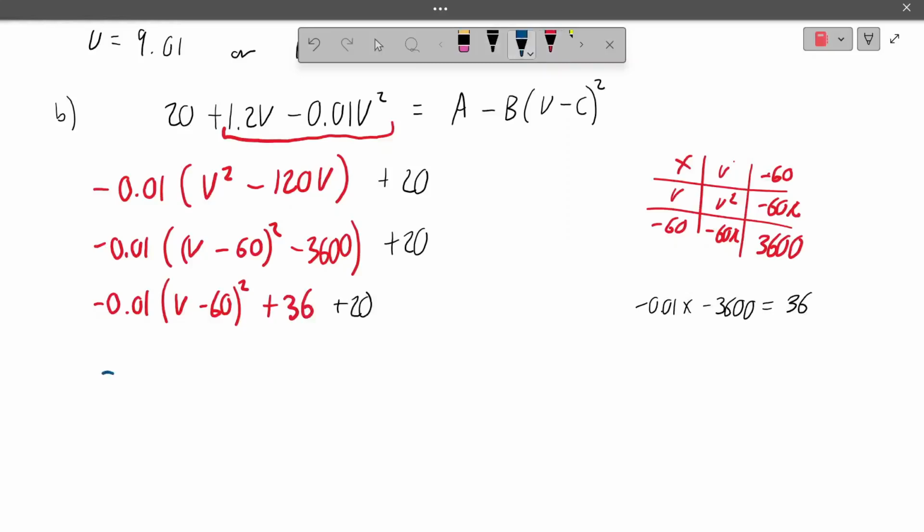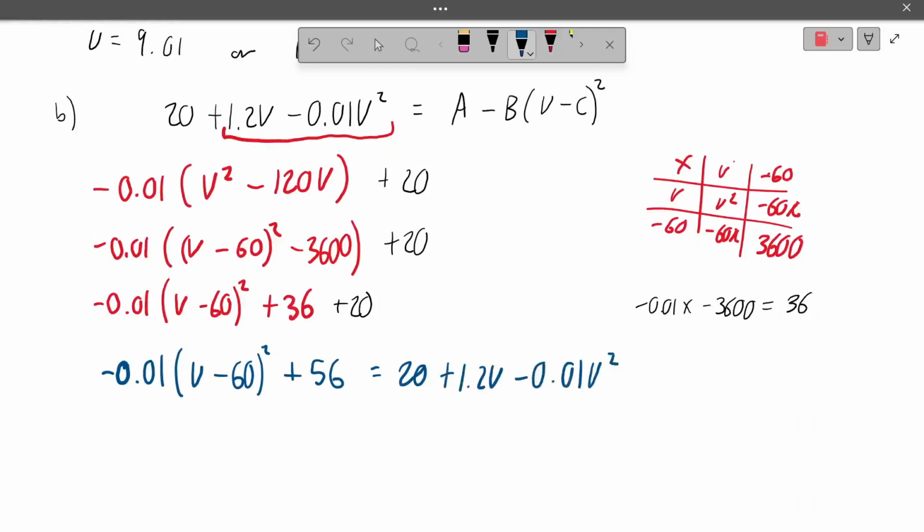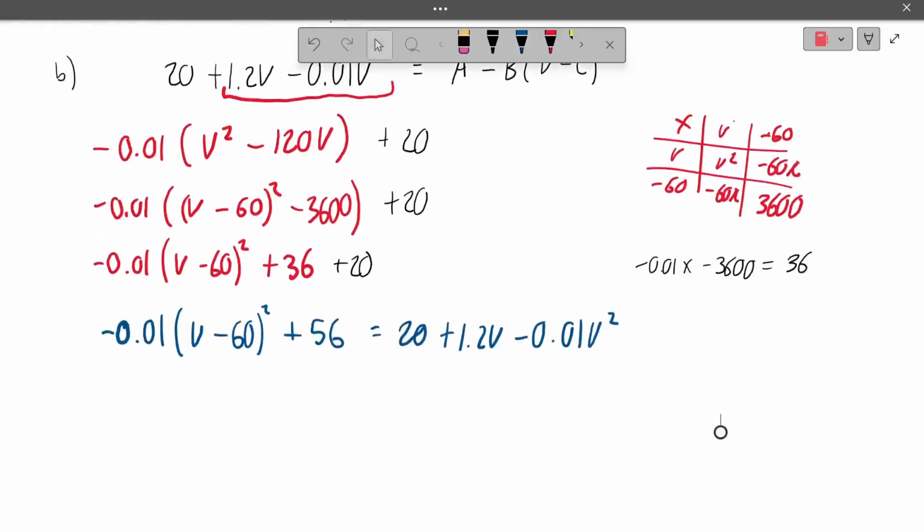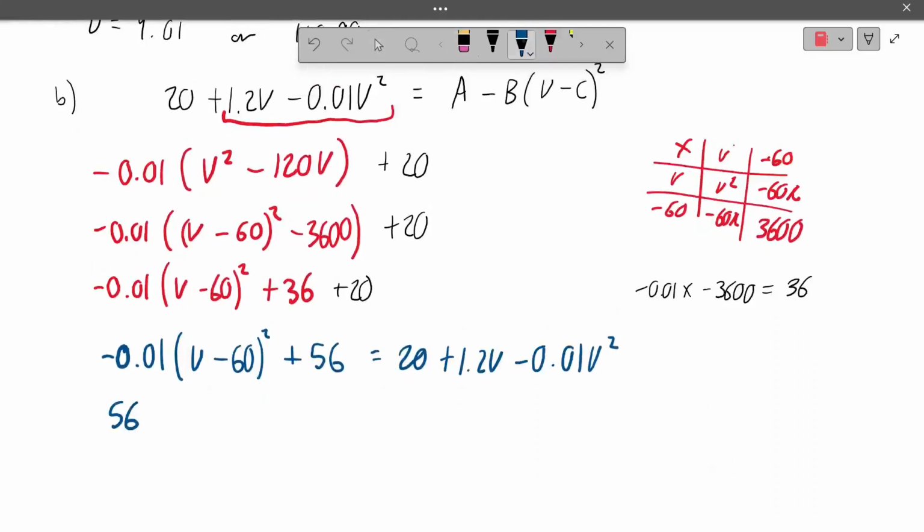So then you have minus 0.01 lots of v minus 60 squared plus 56. And that equals our 20 plus 1.2v minus 0.01v squared. So that's pretty much the formula we want it in, although they will want a at the beginning. So we end up with 56 minus 0.01 lots of v minus 60 squared.